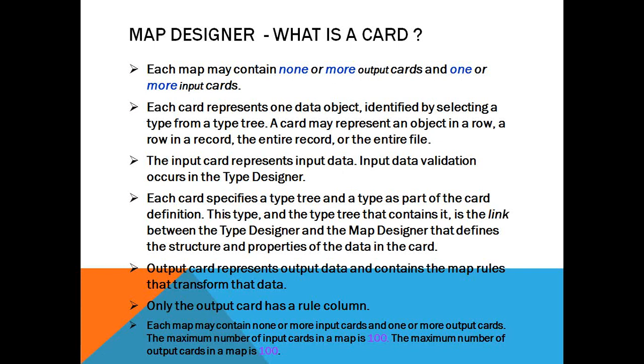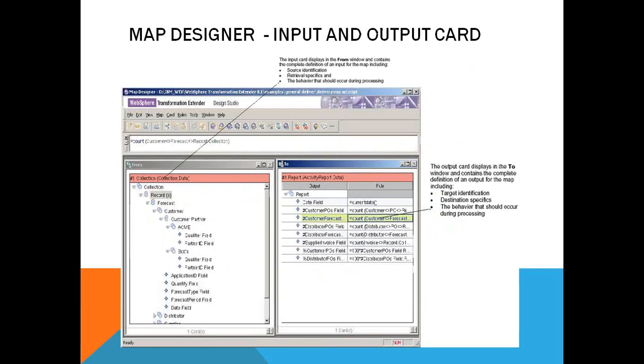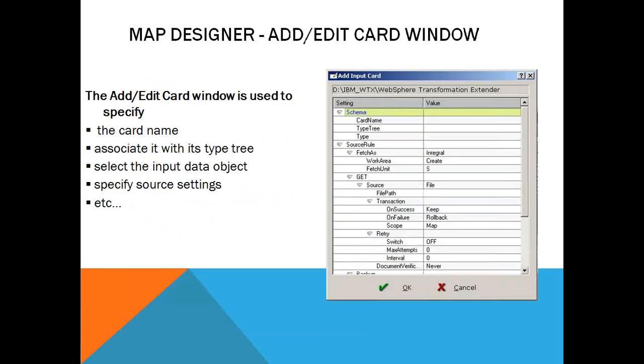Basically, when you select add input card, it looks like this. We have to give the card name, select the type key, and select the type. We discussed what integral and burst mode are. By default, it will be integral.